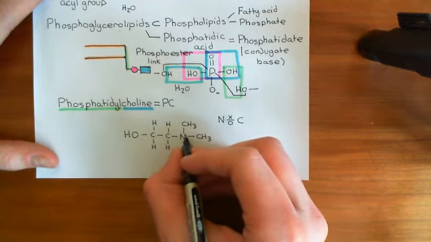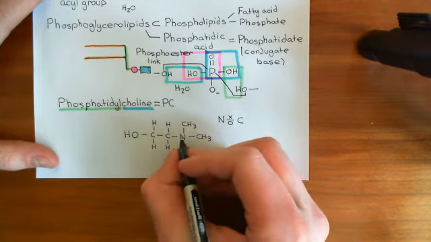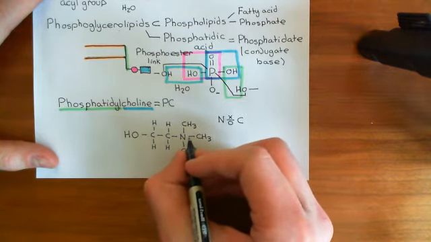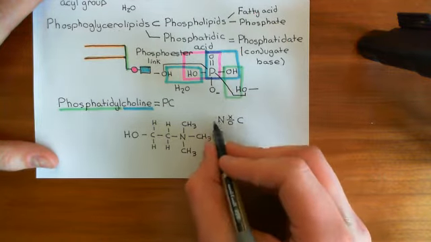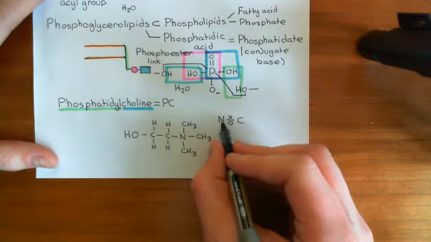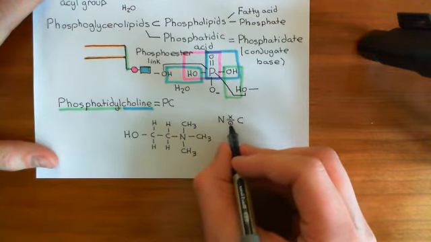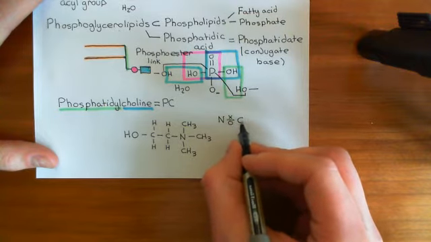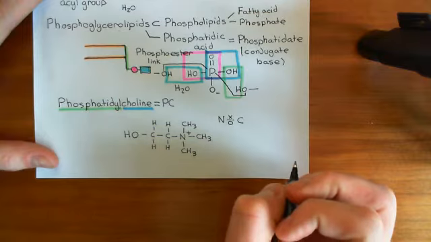Now, when the nitrogen puts in both electrons into a covalent bond, it is as though the nitrogen has lost an electron, because, as I say, the normal understanding of a covalent bond is that one electron belongs to the nitrogen and one belongs to the carbon. So if the nitrogen puts in both, it's like the nitrogen has given one away to the carbon. So that gives this nitrogen a positive charge here.